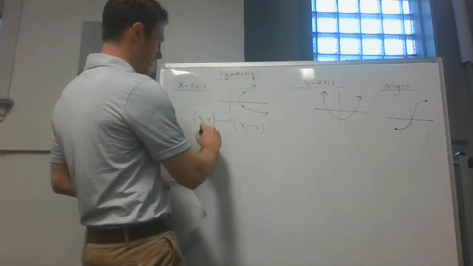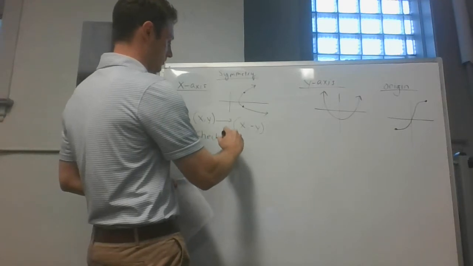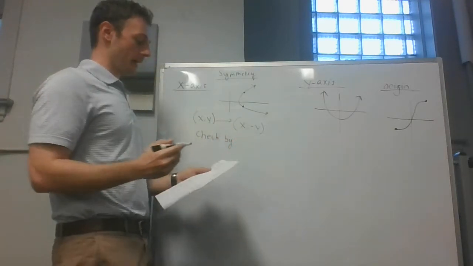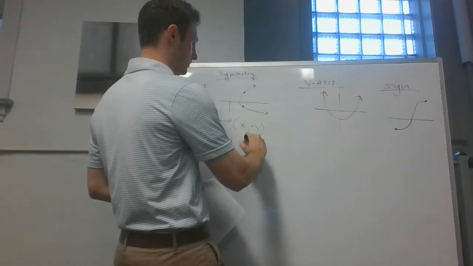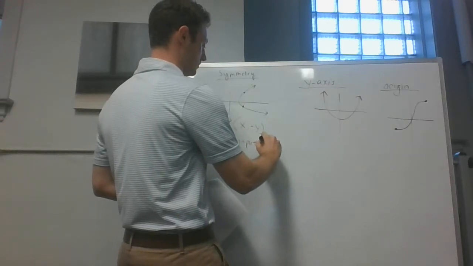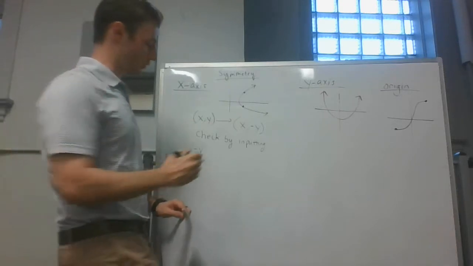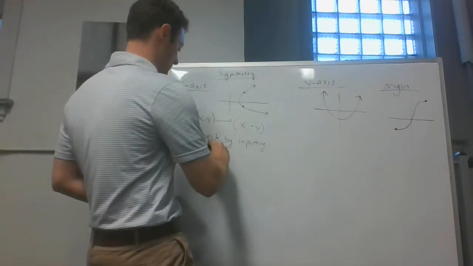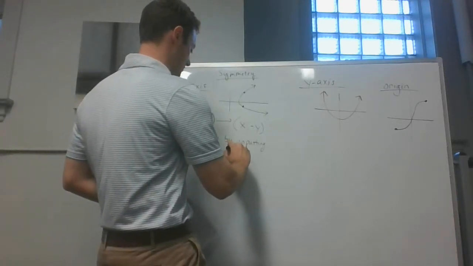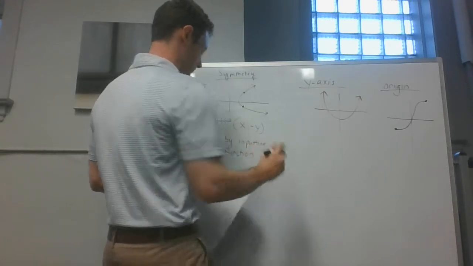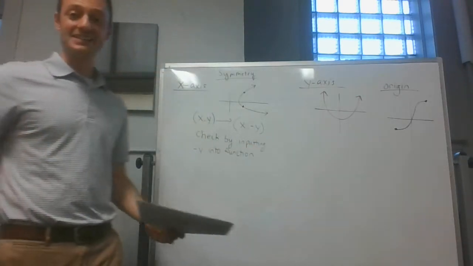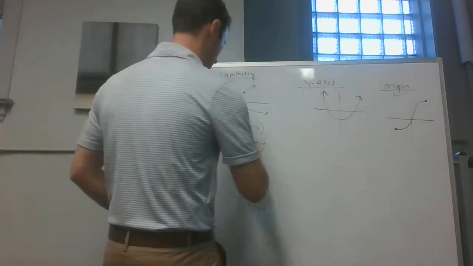Right? So you check by inputting negative y into your function, and seeing if the function's still the same.